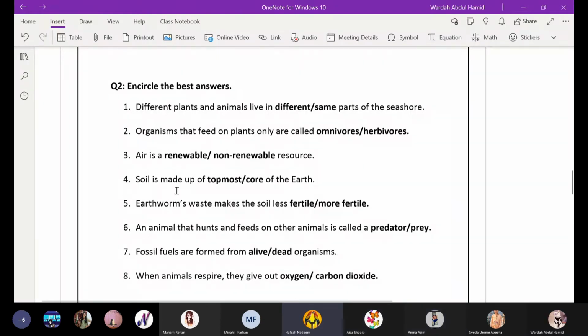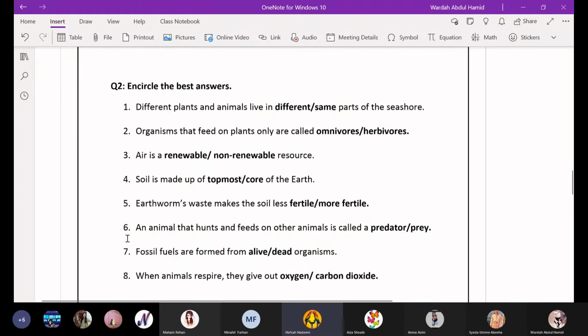Soil is made up of topmost or core of the earth. Topmost. Earthworms' waste makes the soil less fertile or more fertile. More fertile.